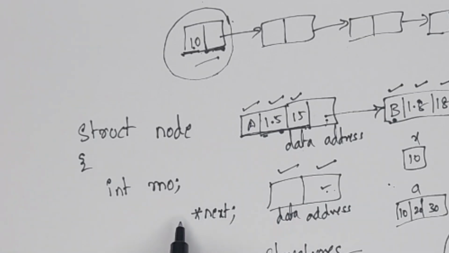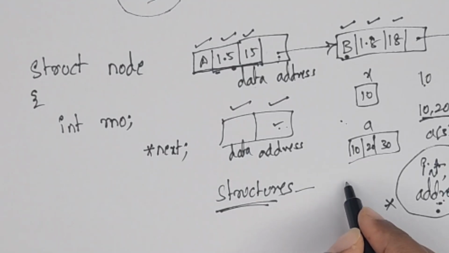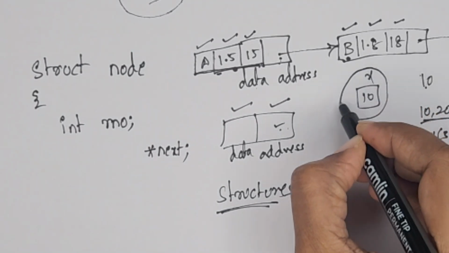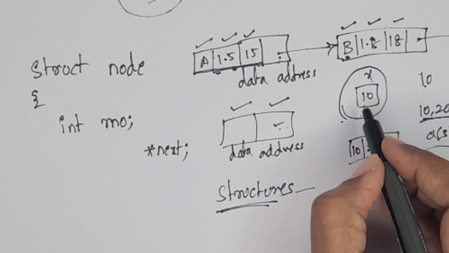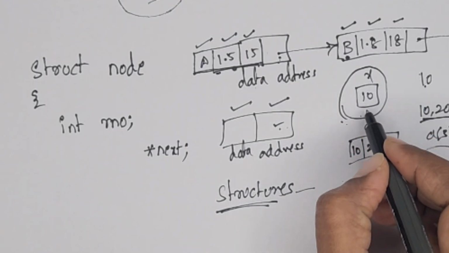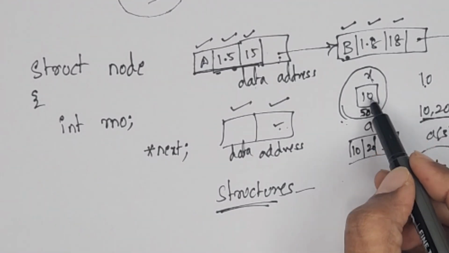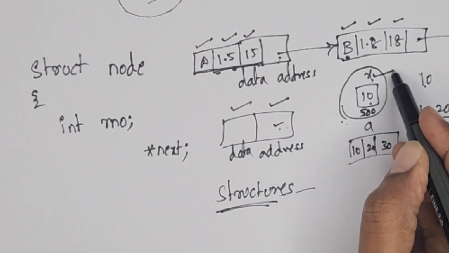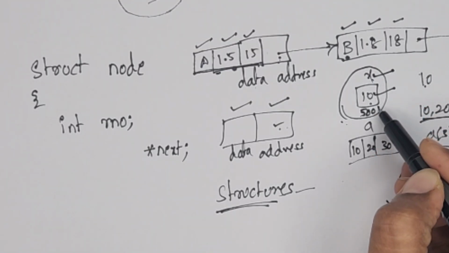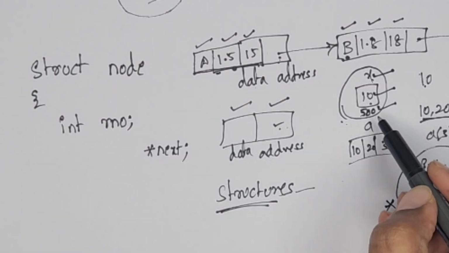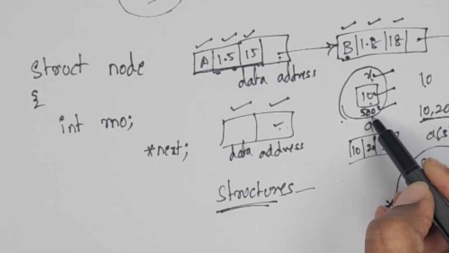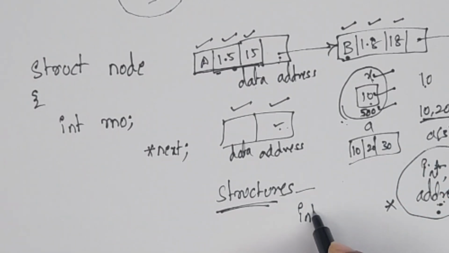Before finishing this, first I'll tell you one example. I just declared one x. For x it allocates some memory; assume the address is 500. For x, I assigned one value, that is 10. This is the variable name, variable value, and this is the variable address. If you want to store this address, then you have to declare a pointer variable. I am going to declare a pointer variable p.